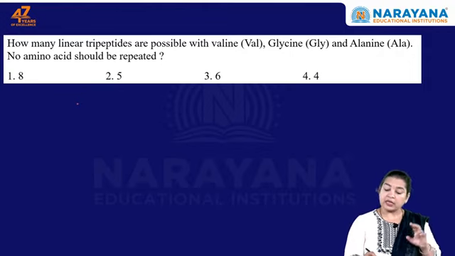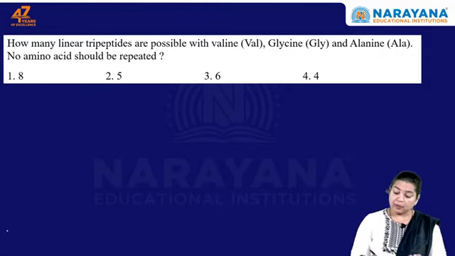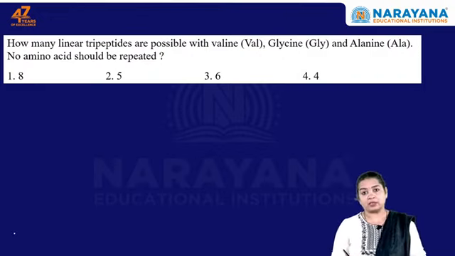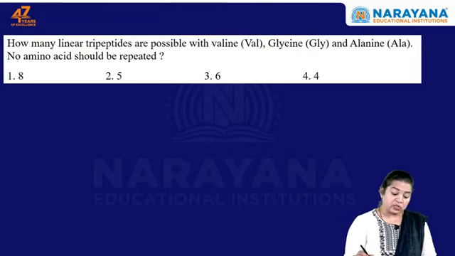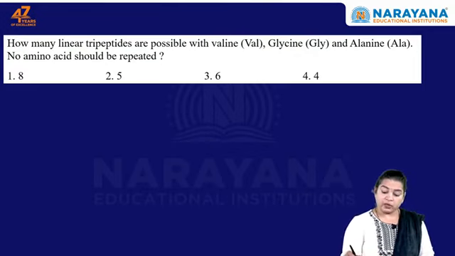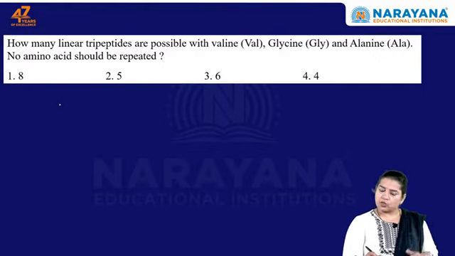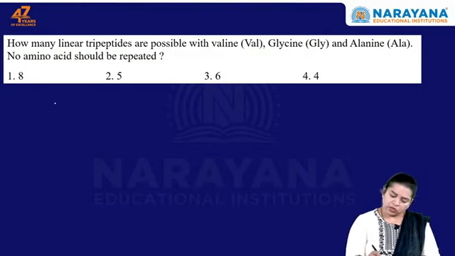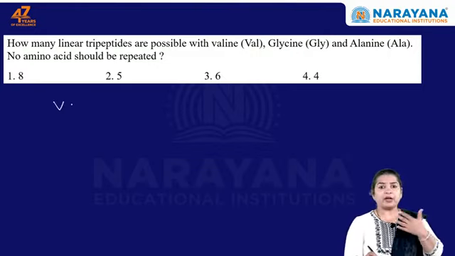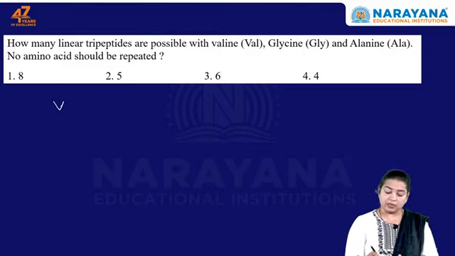How many linear tripeptides? Tripeptides should have 3 amino acids and 2 peptide linkages. So how many linear tripeptides are possible with valine, glycine and alanine? But the condition is that no amino acid should be repeated. You can go by the permutation combination formula, or simply by writing all the possibilities like V, G, A: valine, glycine, alanine.